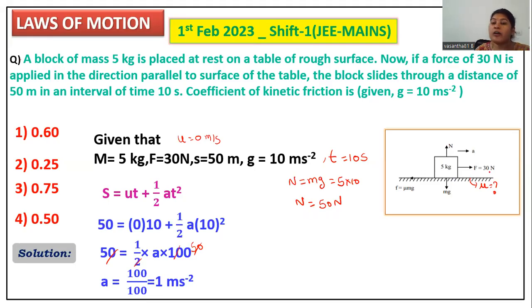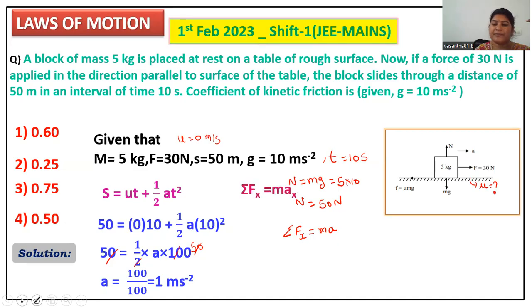Now along the horizontal direction, it has a certain acceleration a. That means sigma F along the x direction, again we apply Newton's second law, which equals ma, mass of the object times acceleration.